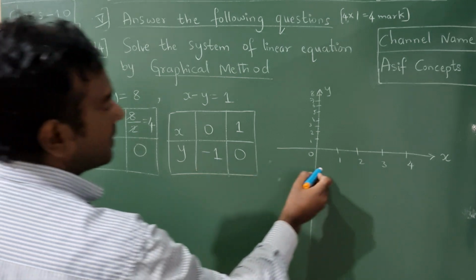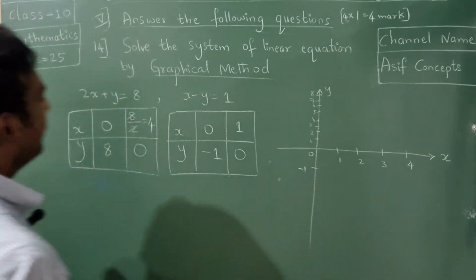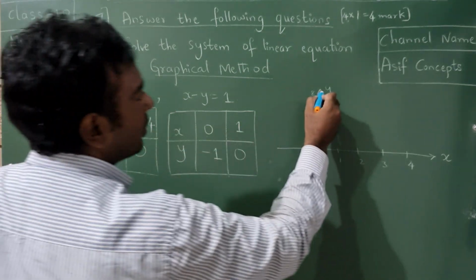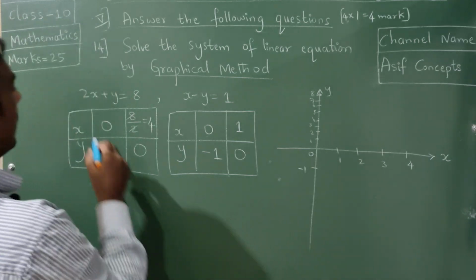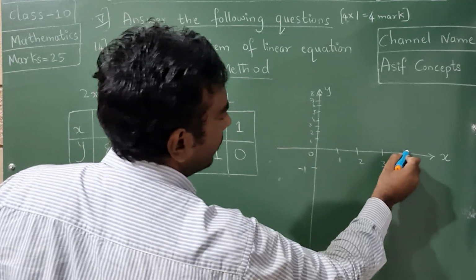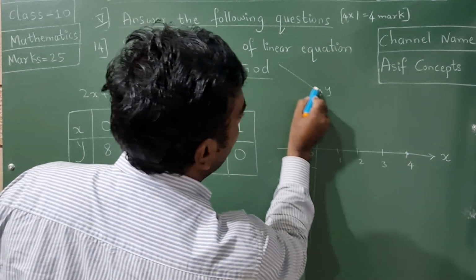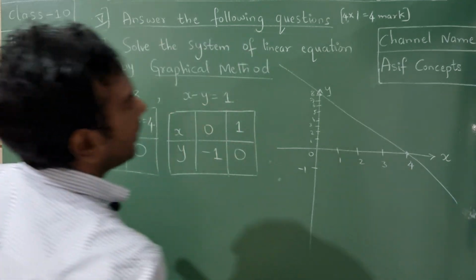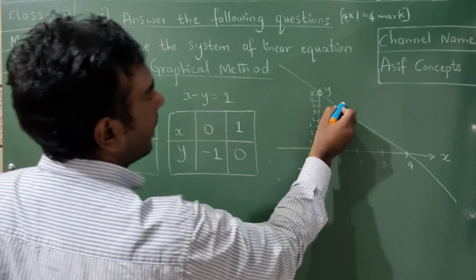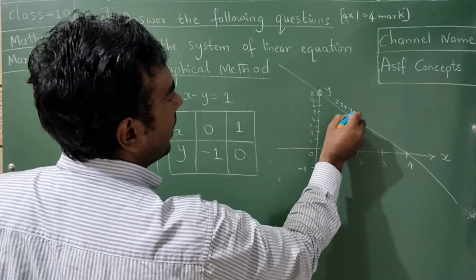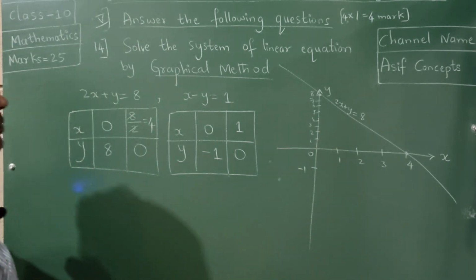And here there is a minus, so I am going to write minus here. 0 to 8, so 8 is here, mark it, and 4 to 0, so 4 is here, so draw a line, and write here 2x plus y is equal to 8.